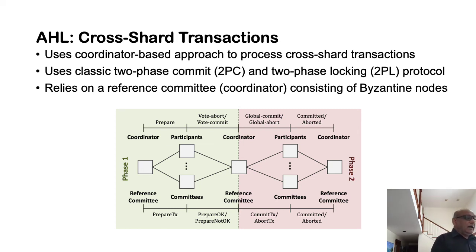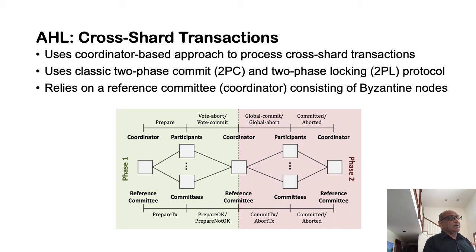The regular shards are referred to as committees, and the rest of the protocol flows exactly the same way as the two-phase commit protocol. When the transaction commitment is initiated, the reference committee proposes a begin transaction and sends out prepare messages to these committees.